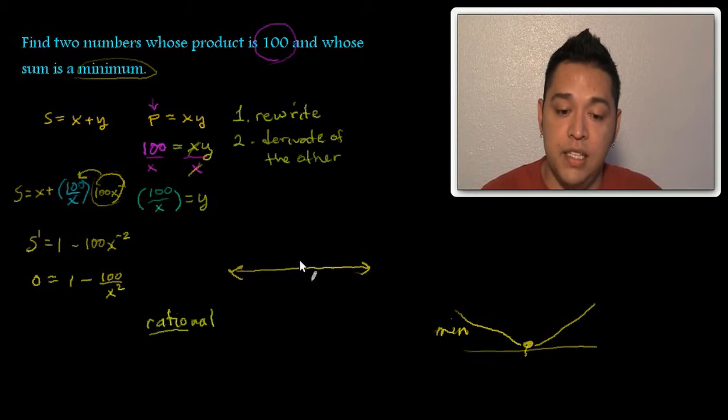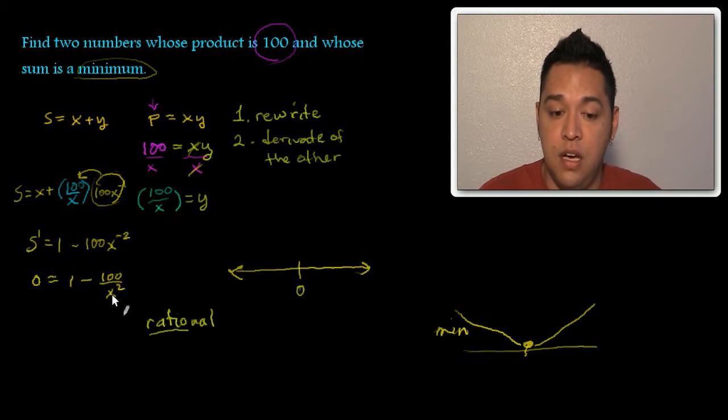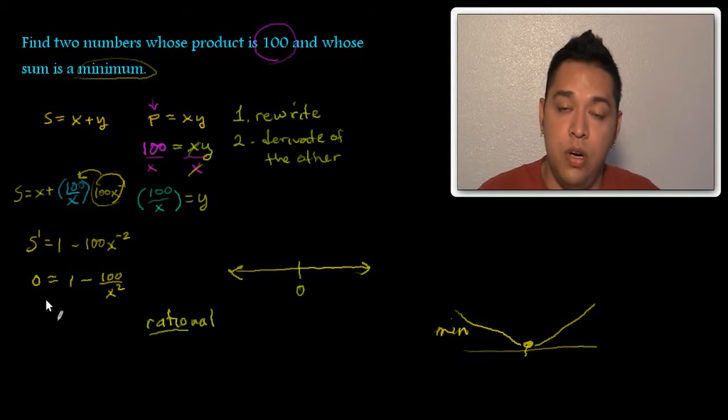So when that's the case, one of the critical points is going to be 0, because a critical point happens when f prime, the derivative, is undefined and when the derivative is equal to 0. So we know that that's one of our critical points.